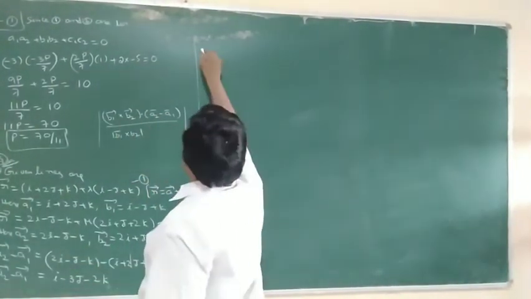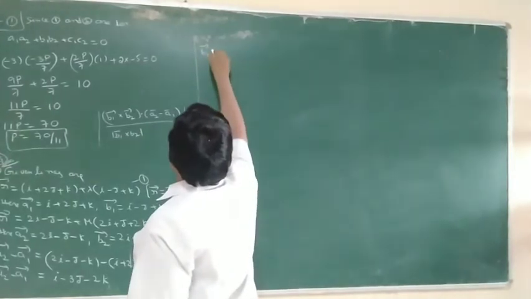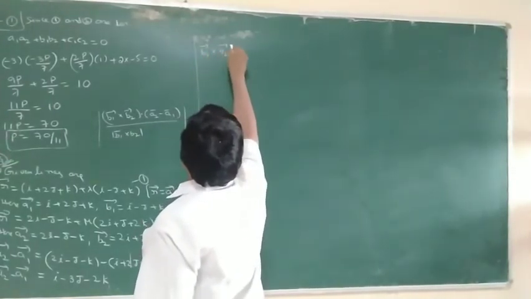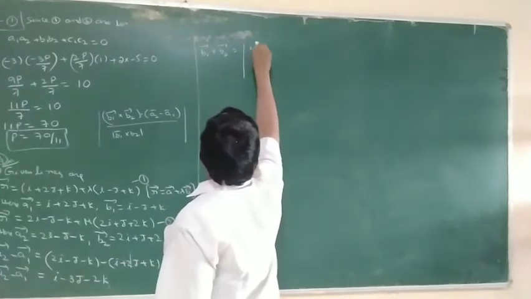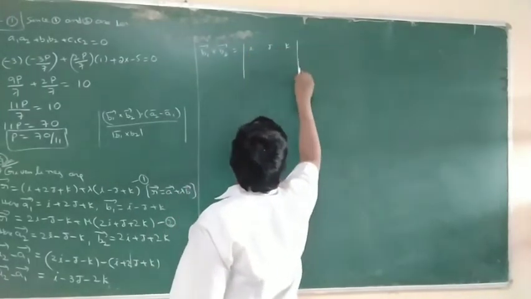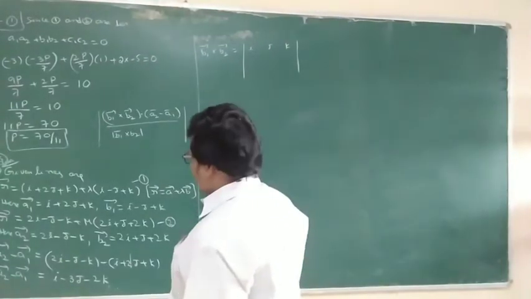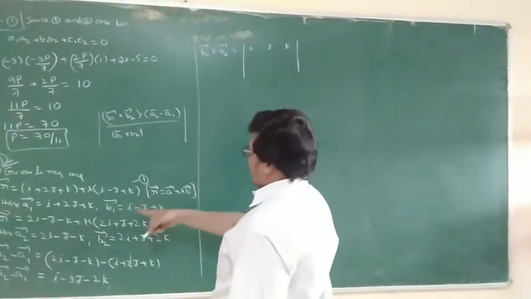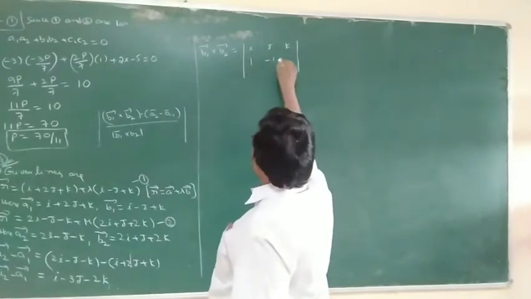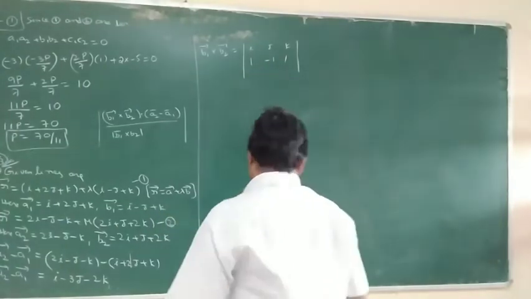Step 2, b1 bar cross b2 bar. This is the cross product, the determinant procedure: i, j, k. b1 has ijk coefficients 1, minus 1, 1.